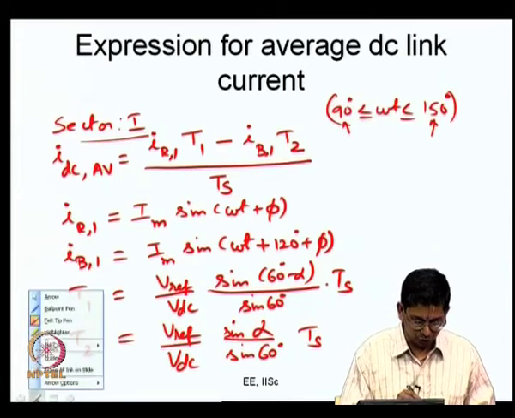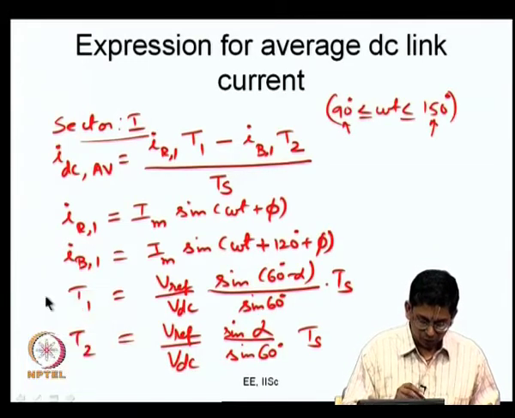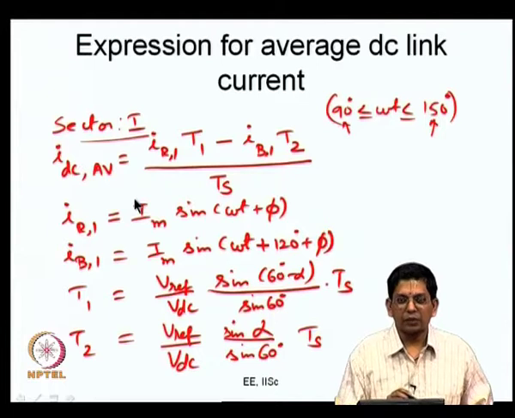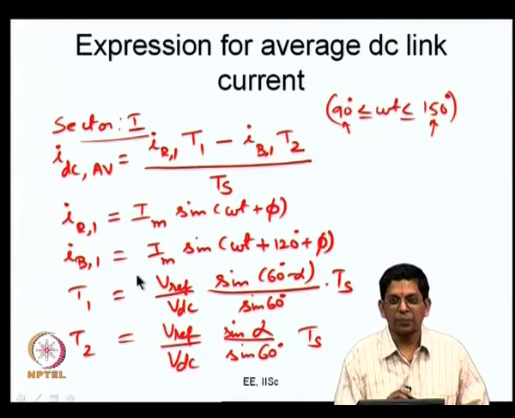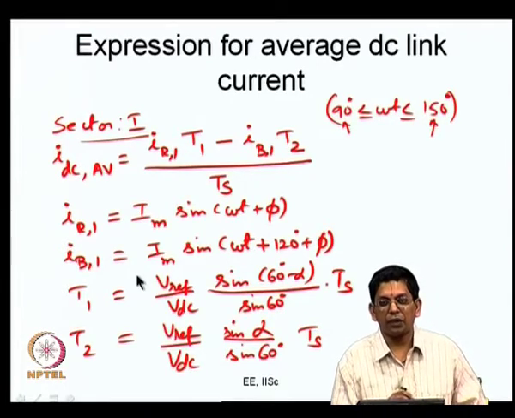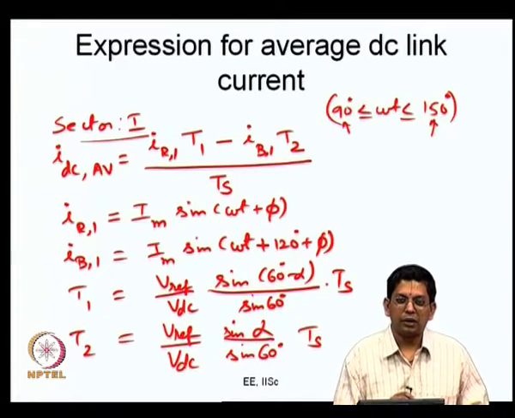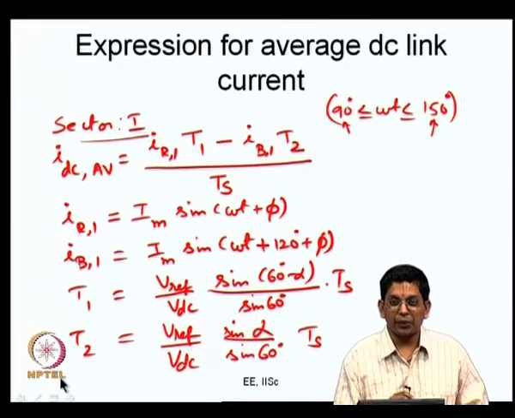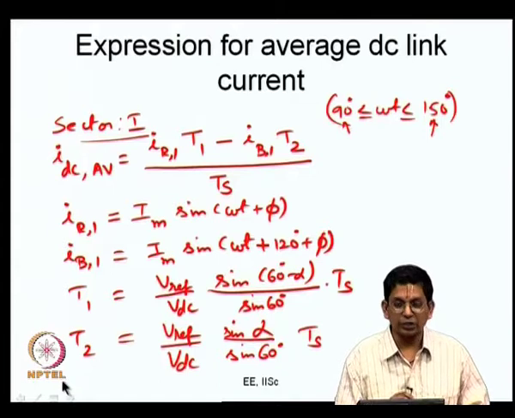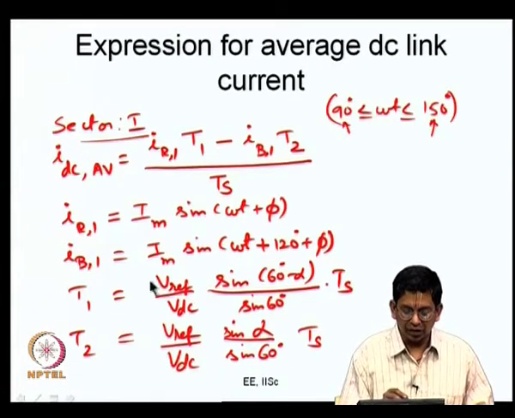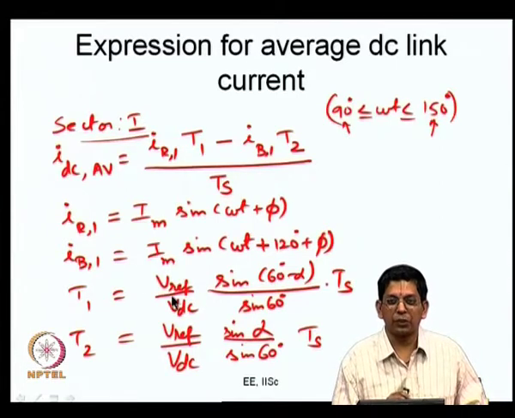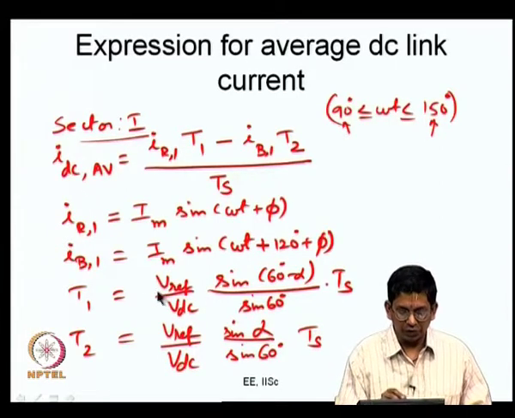There are a few issues now. What are they? What is Im? It is the peak value of current. What is Vref? Vref is the magnitude of the reference vector, and that is related to the fundamental voltage. How is it related? If you recall our earlier discussions based on our space vector definitions, Vref is equal to 3 by 2 times the peak value of the fundamental phase voltage.